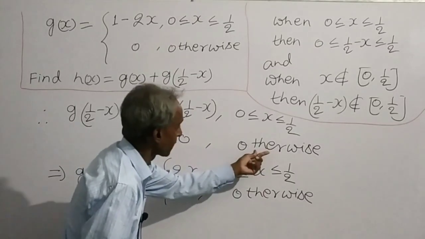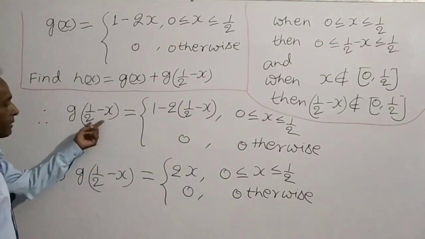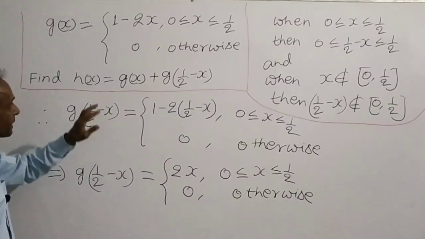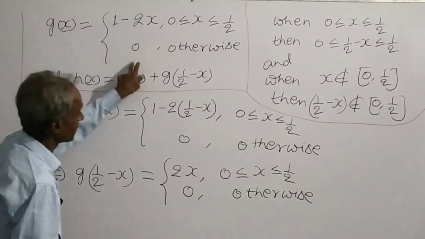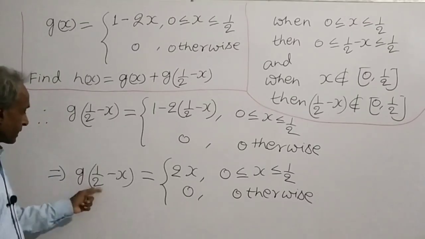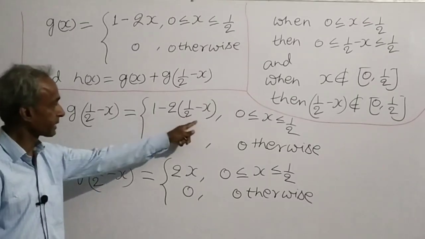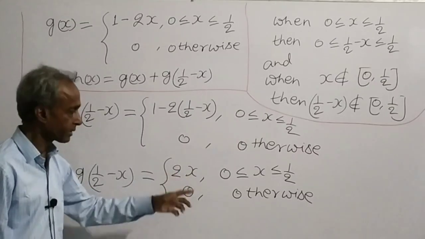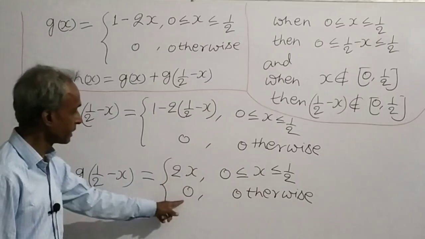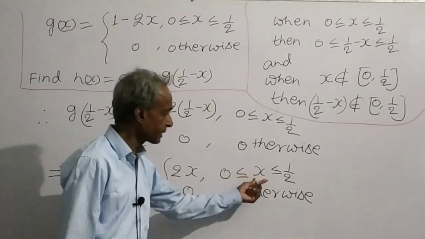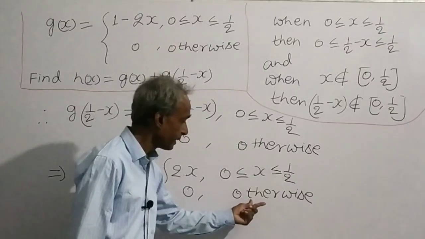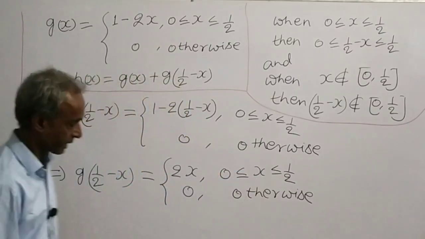Therefore, in otherwise situation, value of this g(1/2 minus x) will be calculated according to this rule, 0. Thus we get g(1/2 minus x) is equal to 2x when x lies in this interval, and 0 when x does not lie in this interval, that means x is in otherwise situation.